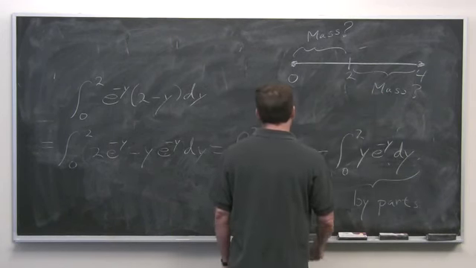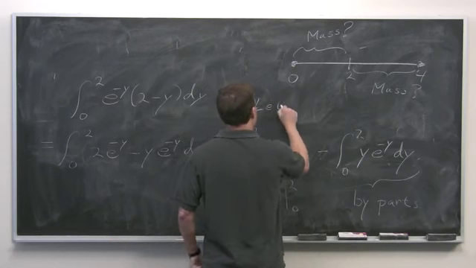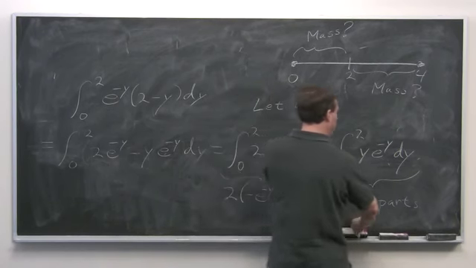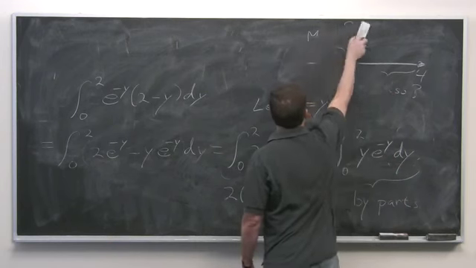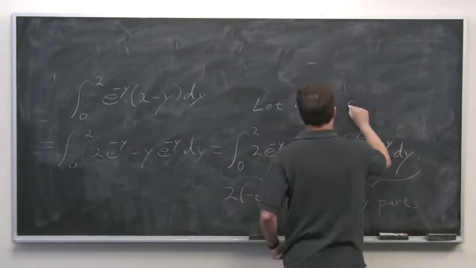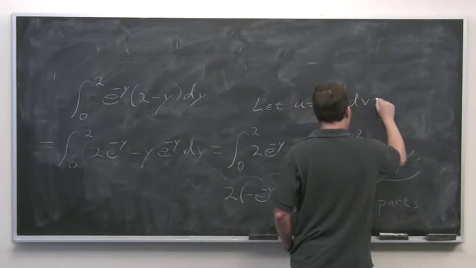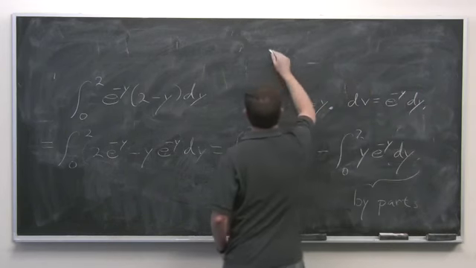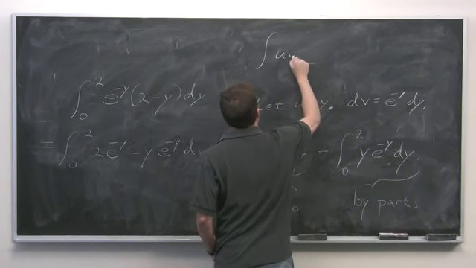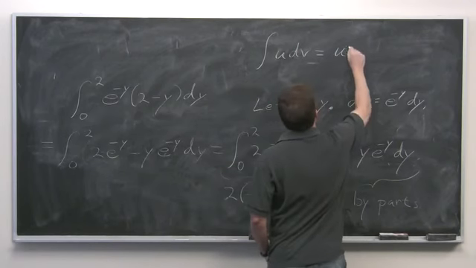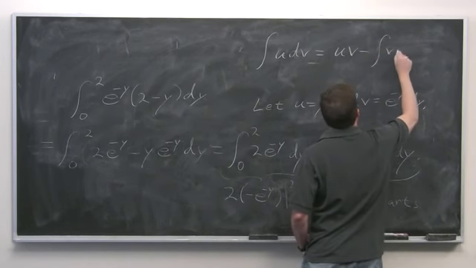So you would let u be y, and that would leave e to the minus y dy for dv. So dv then would be e to the minus y dy. And then you use integration by parts, which I remind you is, in terms of u and v, the integral of u dv is u times v minus the integral of v du.